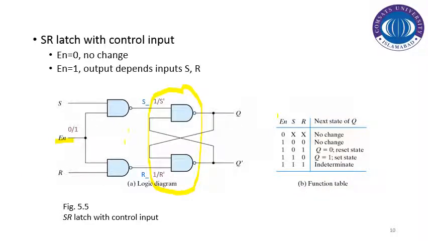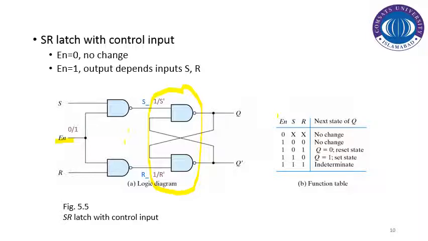So if we set this enable equal to 0, in that particular case, we are getting 1 and 1 here, which is forcing this setup to be in no change state.